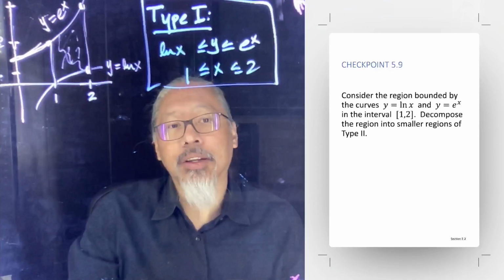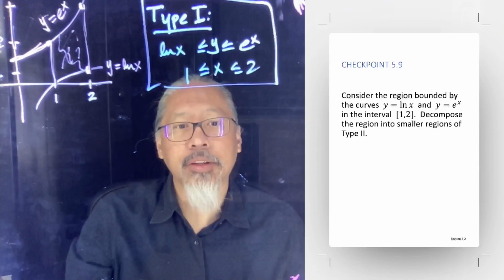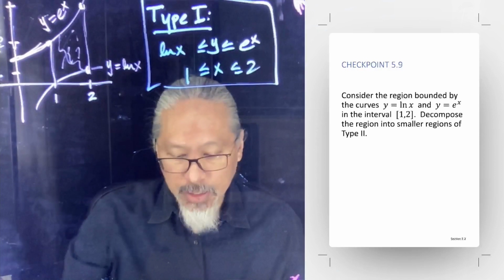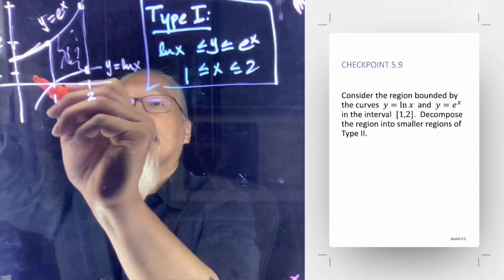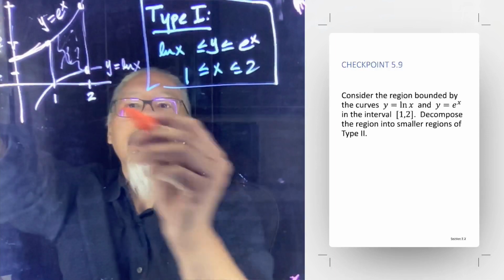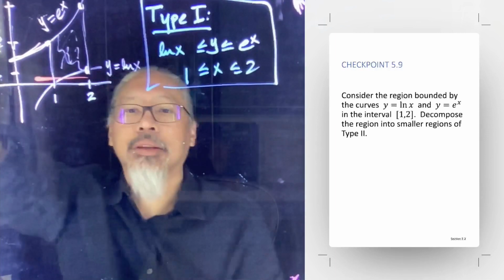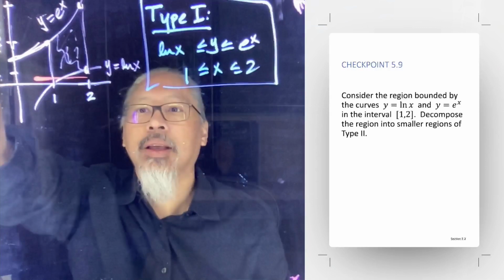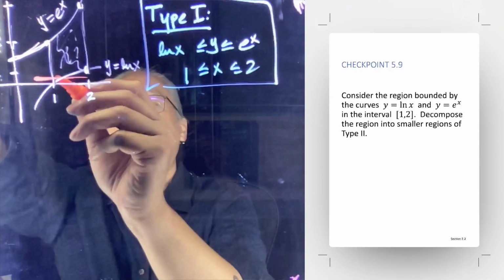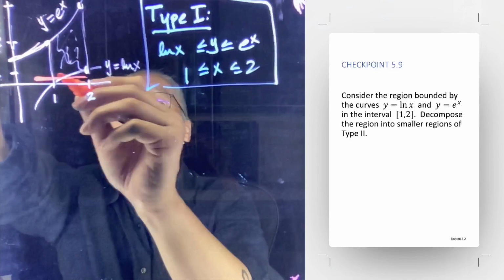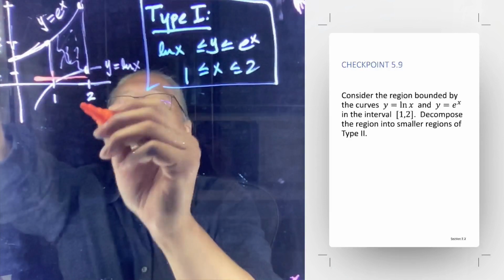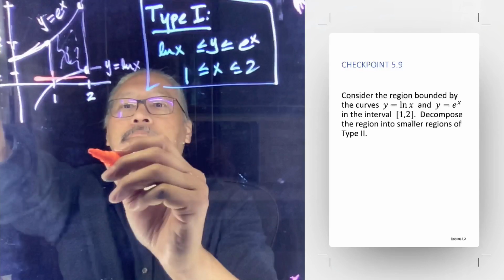But in this particular checkpoint, they want us to decompose this into smaller type 2 regions. Now let's notice a couple of things. If we integrate this with respect to y first, we would draw a line parallel to the y-axis. And if you're down here, you would be hitting a couple of x functions.